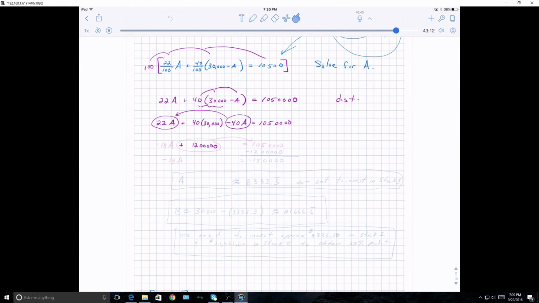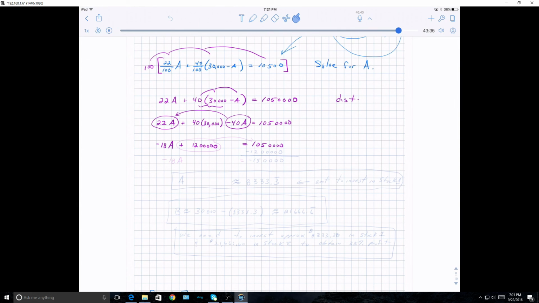Oh yeah, we were combining these. So that's going to be what, 18? So negative 18A looks like, because 18 and 22 make 40. Okay. And that's going to equal this beastie.